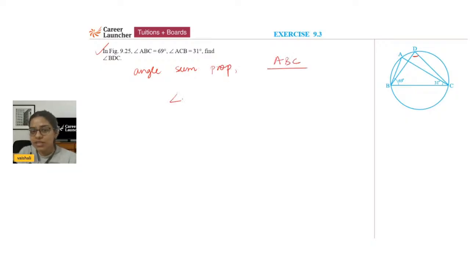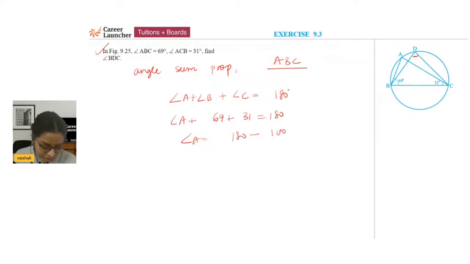So it means angle A plus angle B plus angle C, the sum is equal to 180 degrees. I don't know the value of angle A. My angle B is 69 and the other one is 31. So angle A is coming out to be how much? 180 minus 69 plus 31, which is 100.